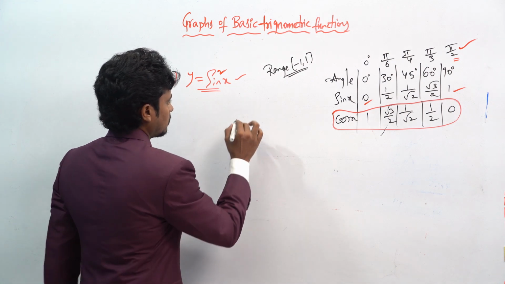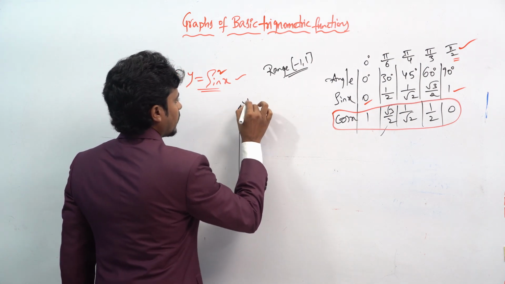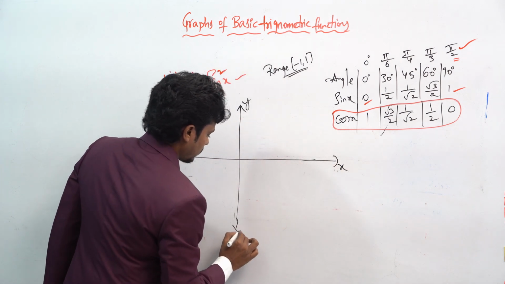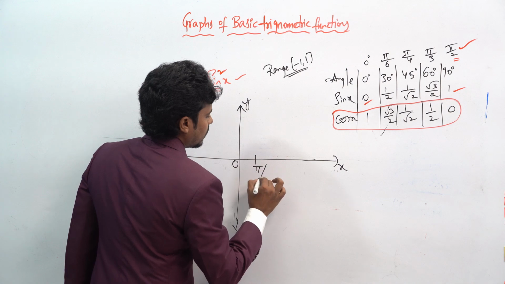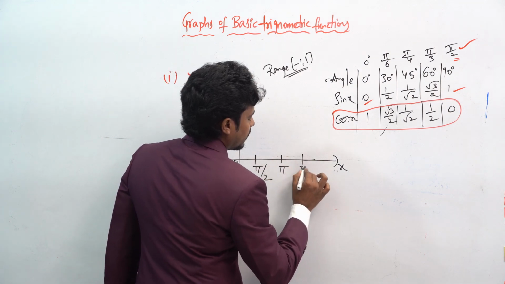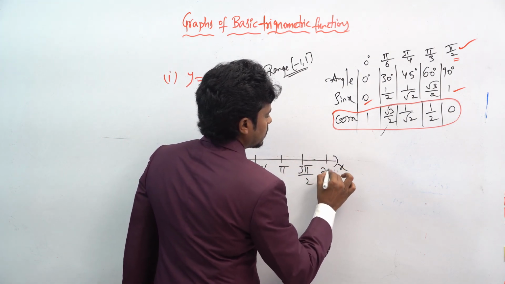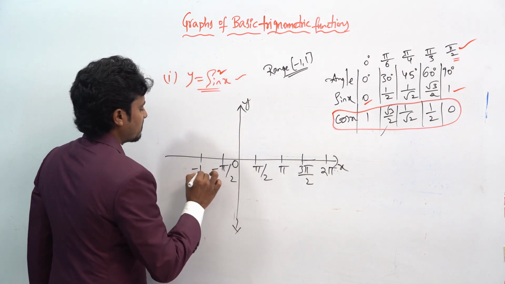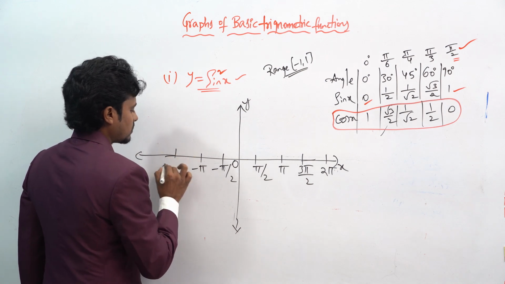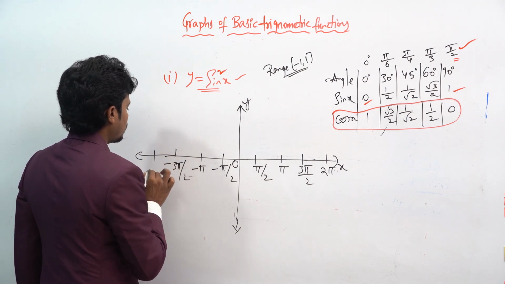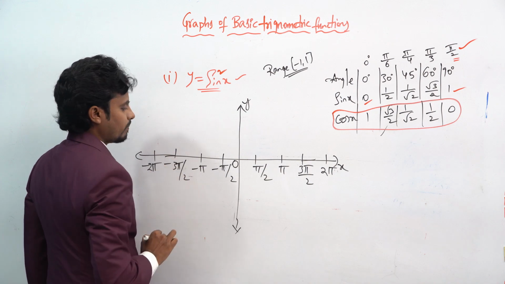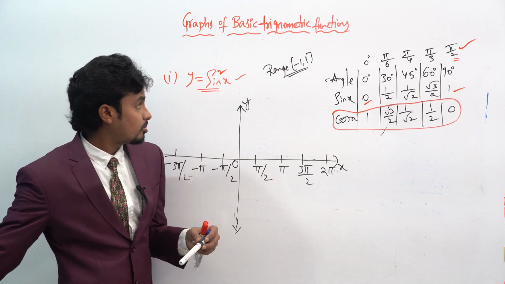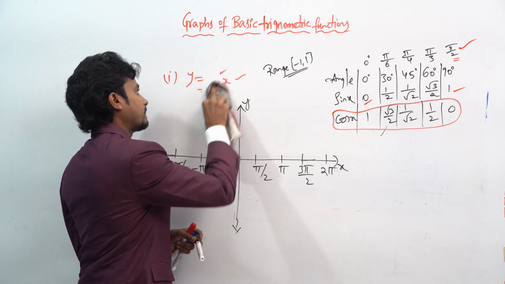Here you can see this will be the y, and here this will be the x, and here this will be the 0, this will be the plus pi by 2, pi, and here 3 pi by 2, and here this will be the 2 pi, and here this will be the minus pi by 2, minus pi, and here this will be the minus 3 pi by 2, and here this will be the minus 2 pi. Okay, here also the range for the cos x will be minus 1 to 1.